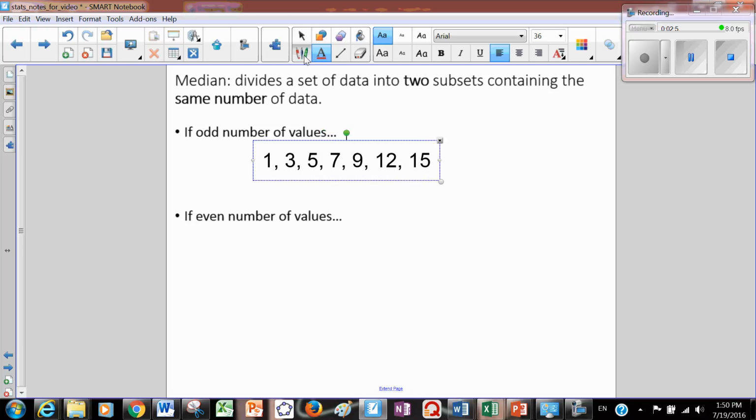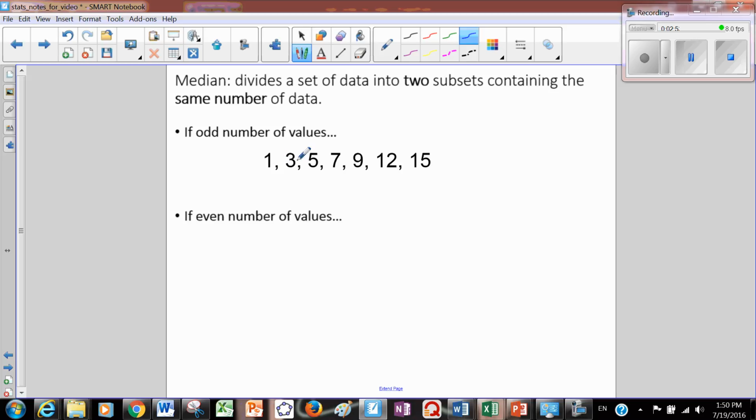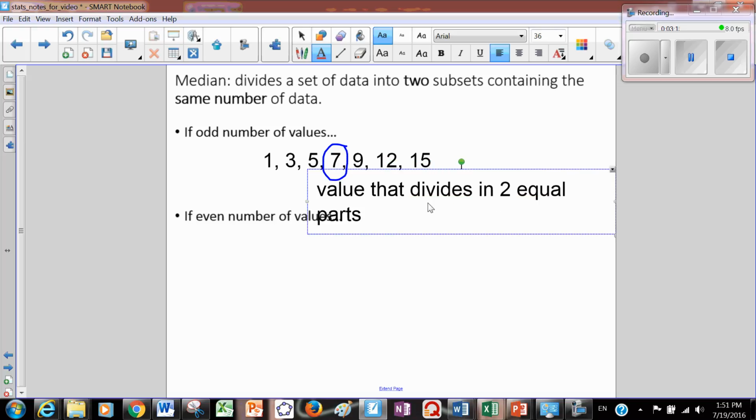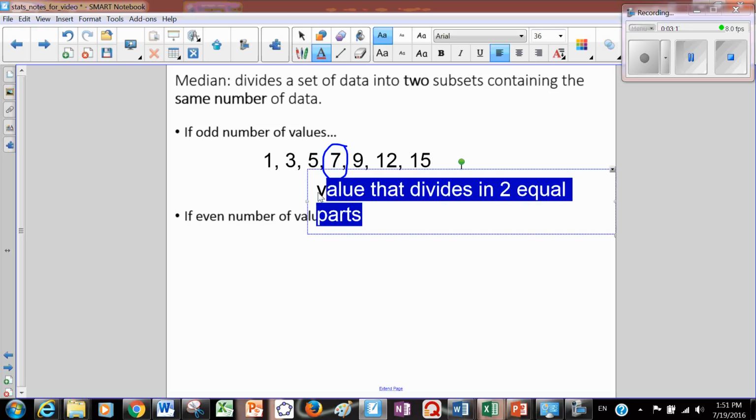If I count the number of data, I have 1, 2, 3, 4, 5, 6, 7. If I want to split it in two equal parts, I'm going to take the value that's exactly in the middle. So the median would be 7 because that is the value that divides the set in two equal parts. That's pretty basic. That's the definition.